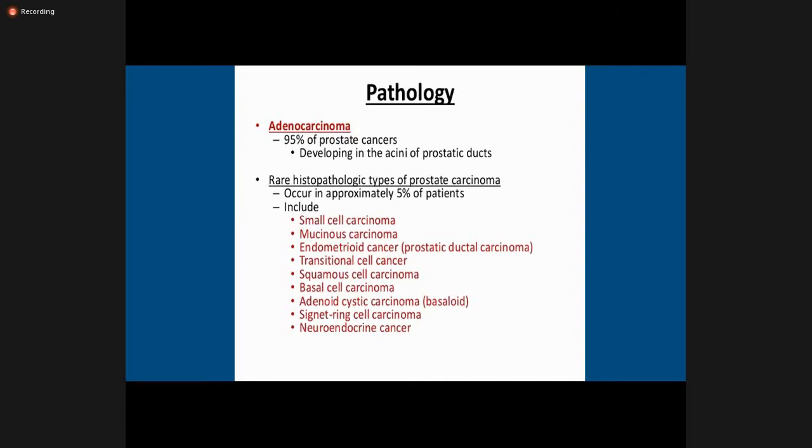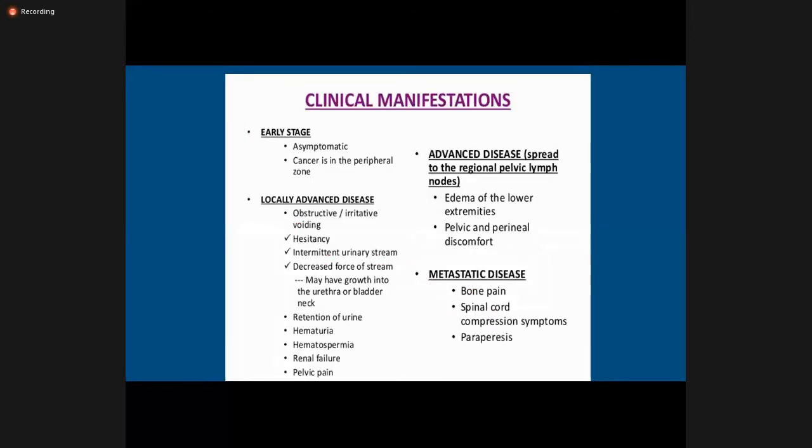Rarely there are other types of carcinomas like small cell, mucinous, endometrioid, transitional cell, squamous cell, basal cell. So please remember adenocarcinoma. This is a very busy slide, but it's very important.